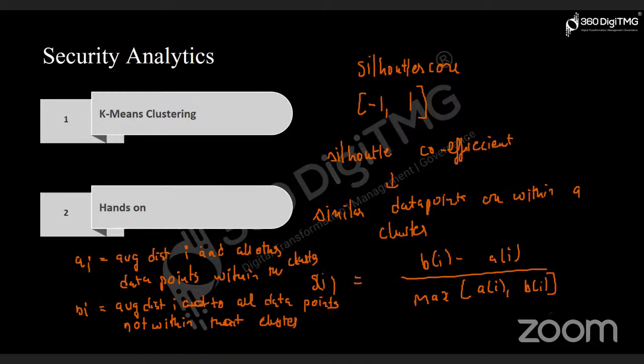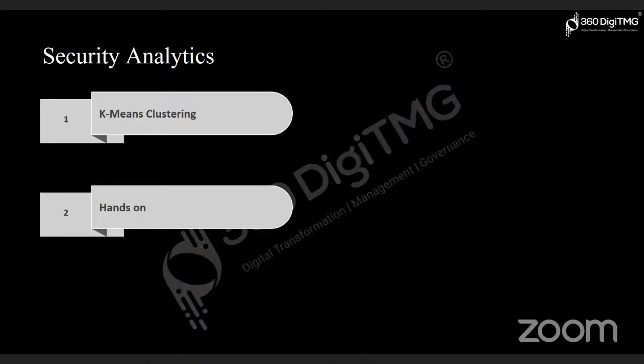So let's say, for example, you have this cluster. And we have this data point I. So what you do is you calculate the distance this data point I has to all these other data points.